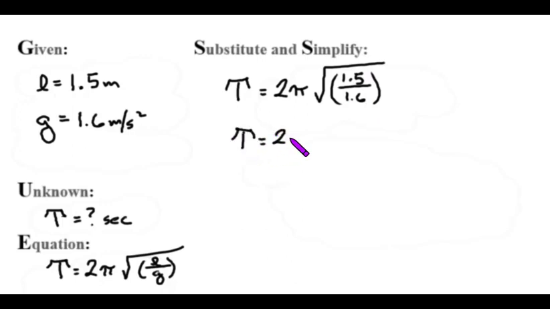Period equals 2 pi times the square root, and I'm going to do this math first so I can take the square root of the result of it, and I get 0.9375.